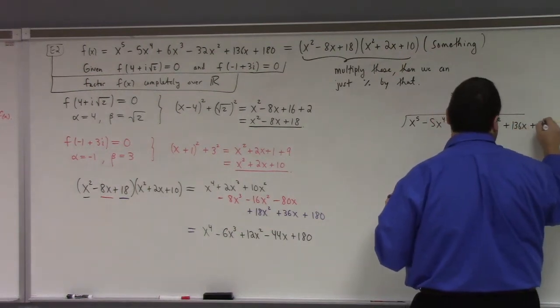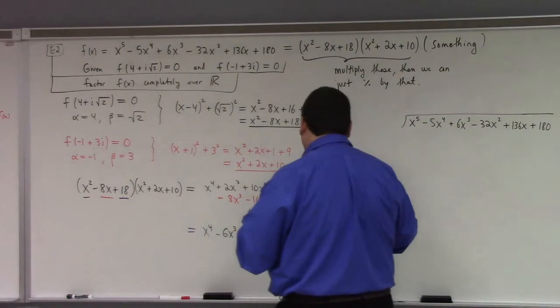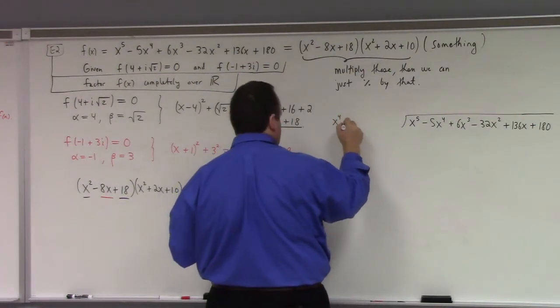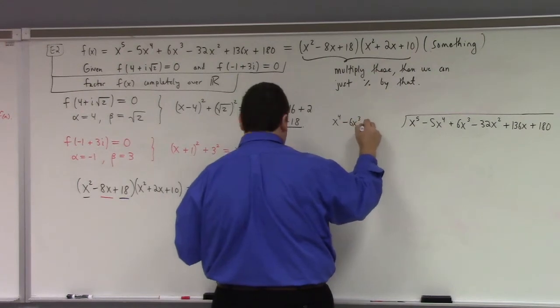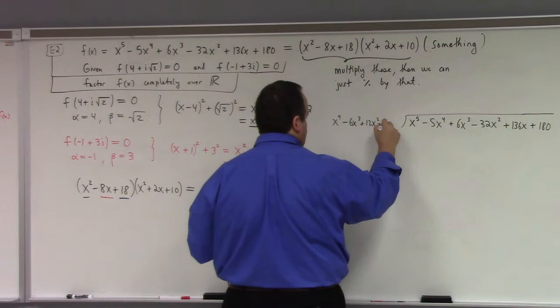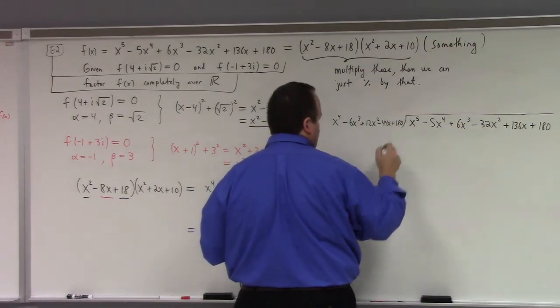And we're dividing what into that? x to the 4th minus 6x cubed plus 12x squared minus 44x plus 180. I almost didn't leave myself enough room to write it.